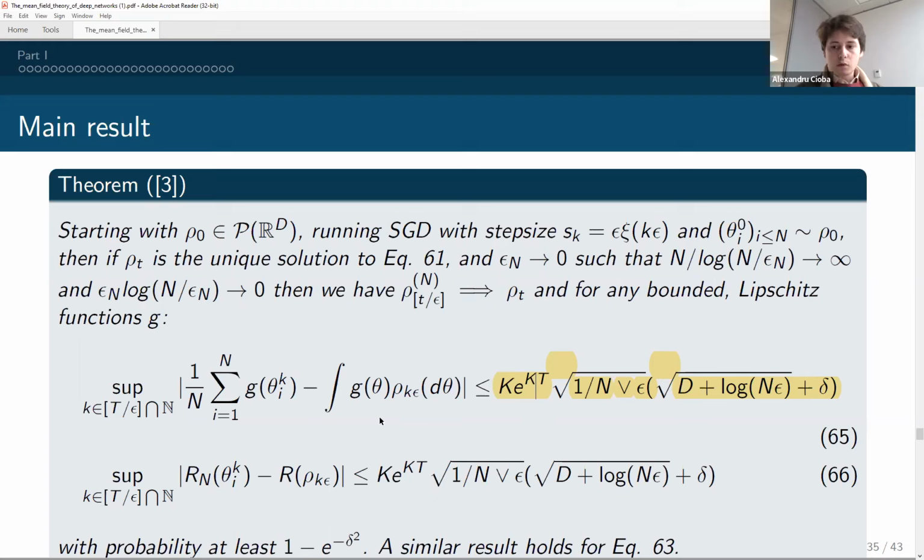Before we look at some visual results of what this theorem implies, the idea behind this proof is fairly simple. It's going to be step-by-step relating the finite SGD iterates to trajectories sampled from the distributional dynamics, bootstrapping them step by step and accumulating these bounds.